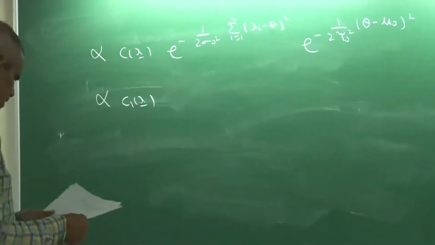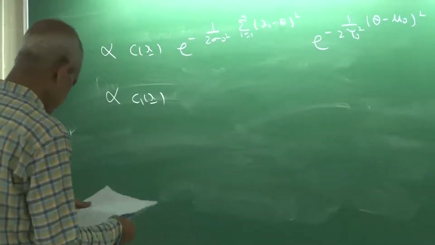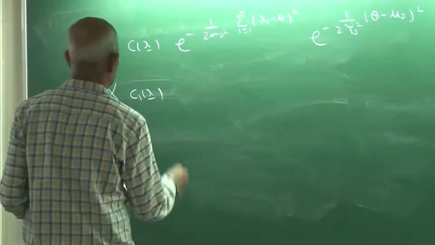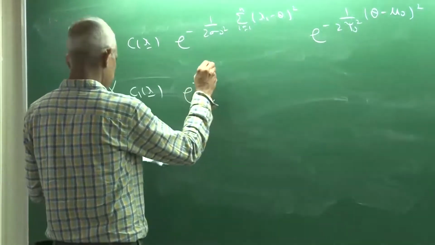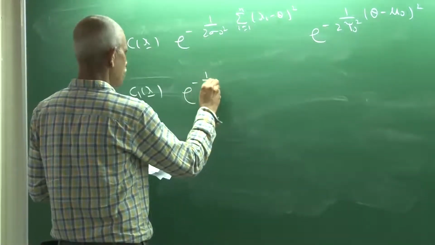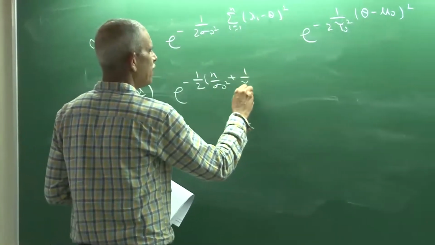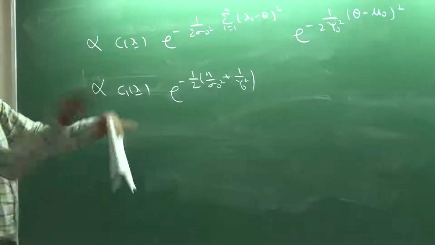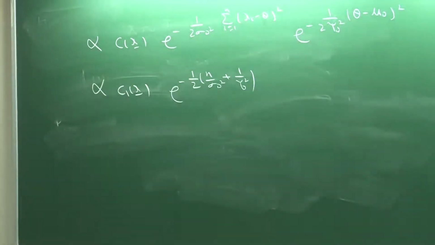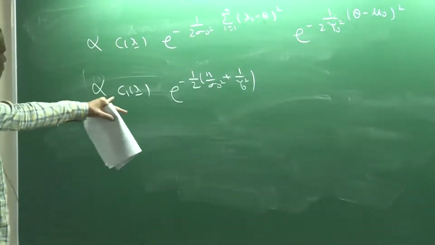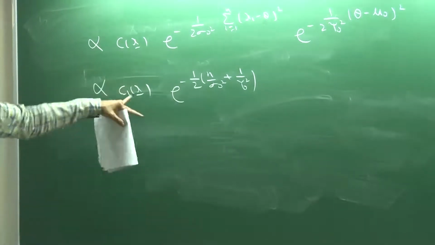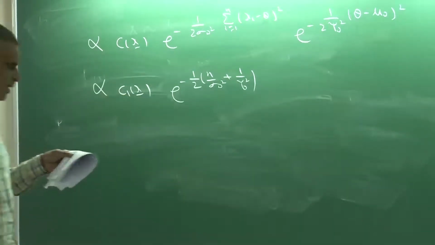And then you can see everything reduces to e to power minus 1 by 2 n by sigma naught square plus 1 by tau naught square. So C1x, because a lot of terms involving x or other constants would come, which would get consumed in Cx, and the resulting constant I call C1x.